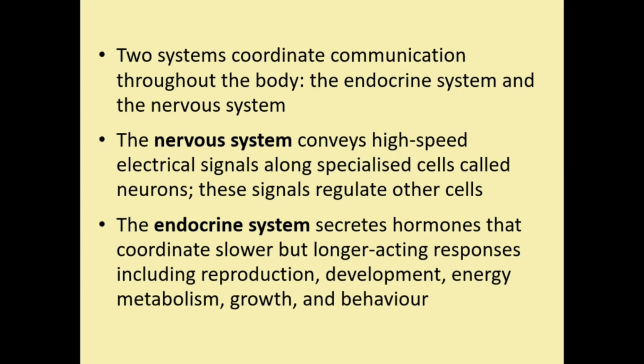We're also looking at things like our sleep and wake cycles, our libido, so sexual desire, and also the whole reproductive cycle. So the endocrine system is responsible for incredibly powerful changes within an animal's body.